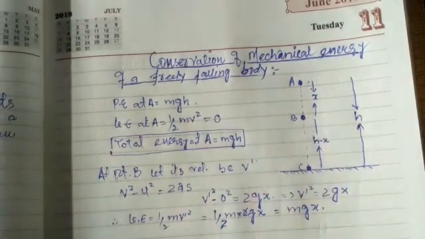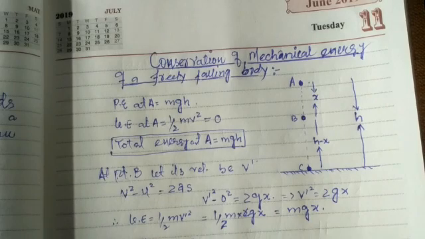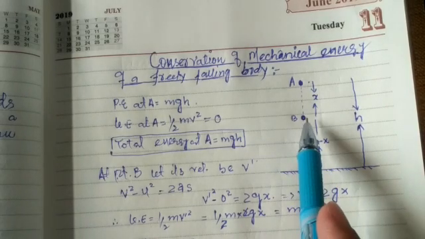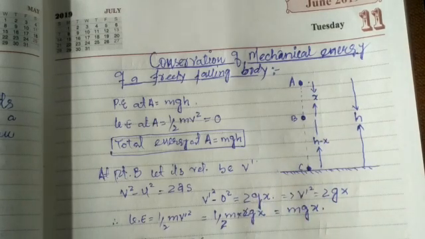Now what will the potential energy at B be? It will be m, g, and the height of point B where the body lies from the ground, that is h minus x.